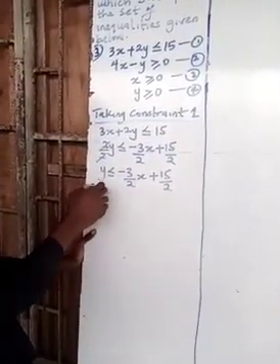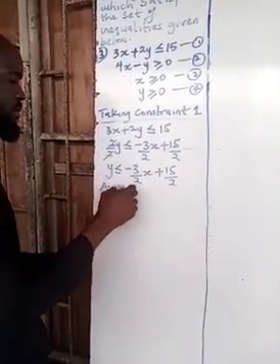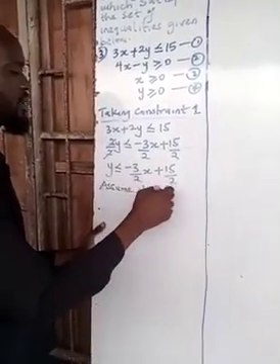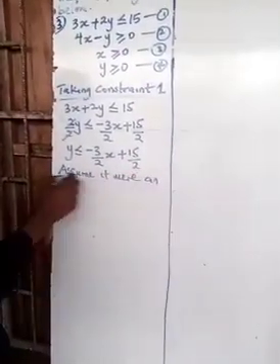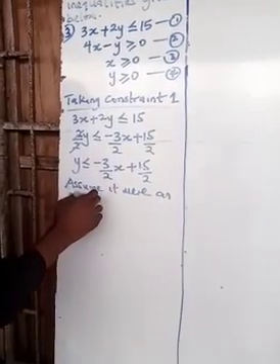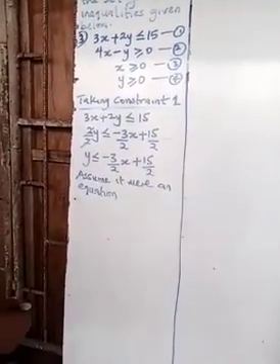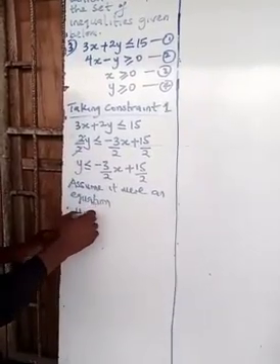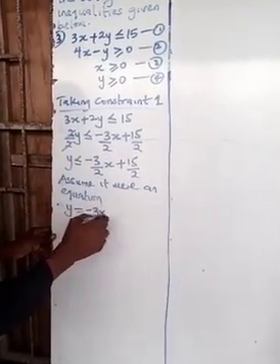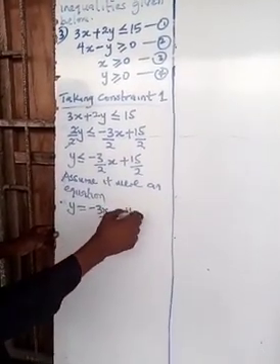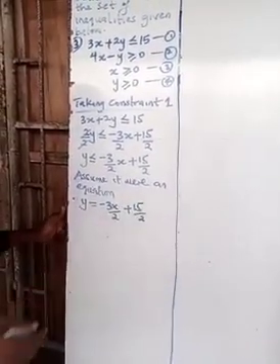So if we assume it were an equation, we have y is equals to minus 3x over 2 plus 15 over 2.